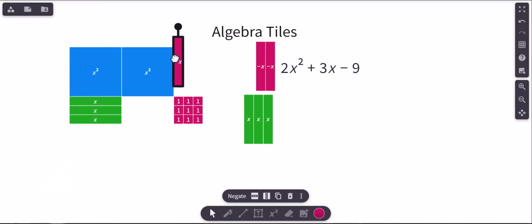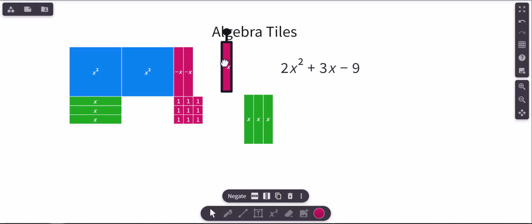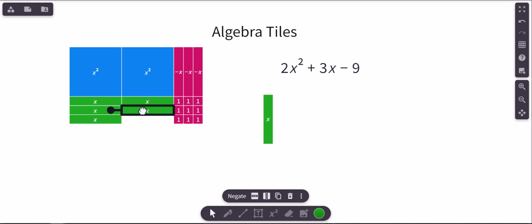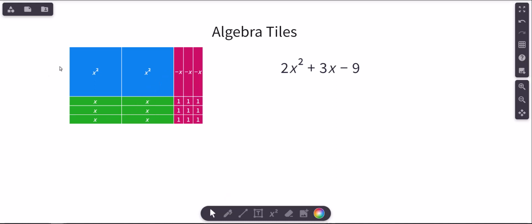And so here I'll have 3 negative x's and we will have 3 green rectangles. And again, what we've added in are 0 pairs. So a positive x and a negative x bring no value to this expression. And so we essentially have an equivalent expression, but now we have enough x's to be able to determine our dimensions.